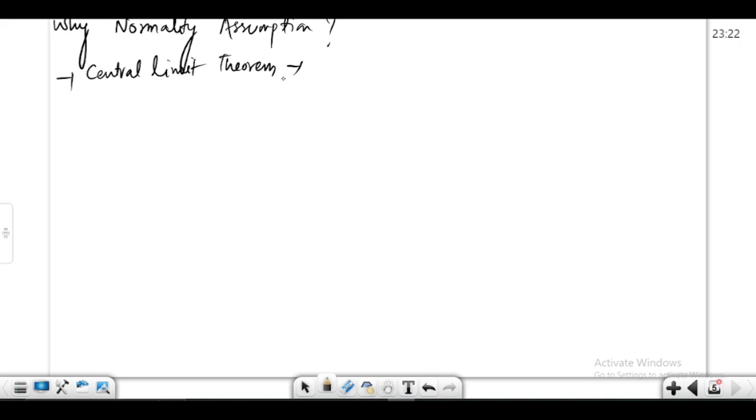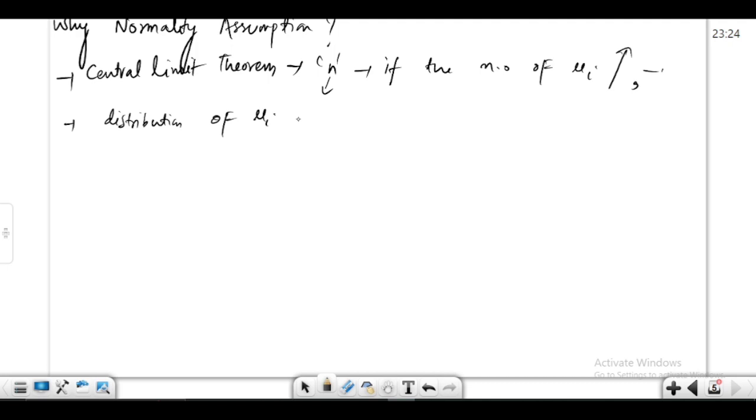increases indefinitely. So it basically means that if the number of ui keeps on increasing and becomes larger and larger, then the distribution of ui follows a normal distribution.